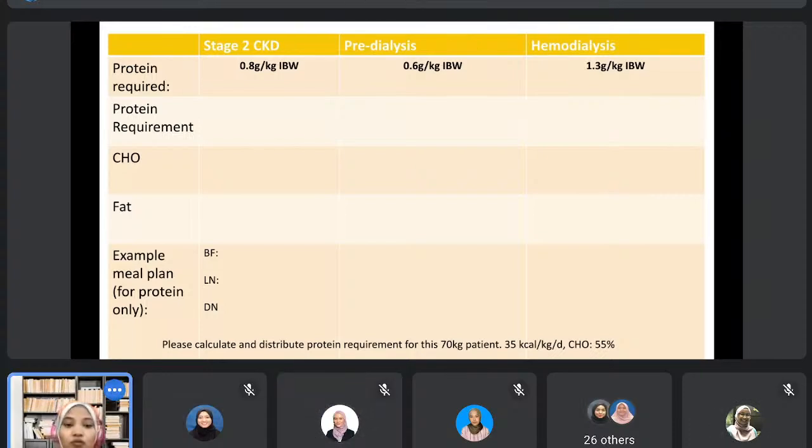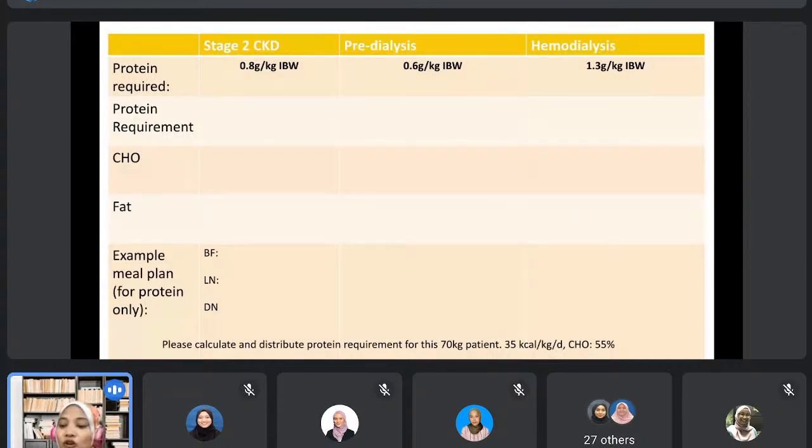So untuk high protein biasanya you takkan ada masalah untuk nak pembahagian protein exchange ni. Biasanya 0.8, 0.6, 0.75 you akan ada masalah tu. Okay, so for hemodialysis tak pernah saya tak proceed. Sebab biasanya kita takkan ada masalah pun.